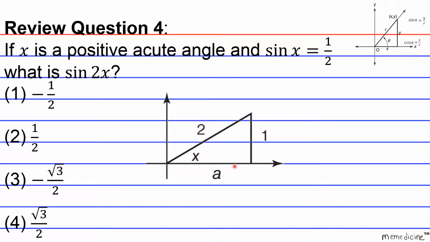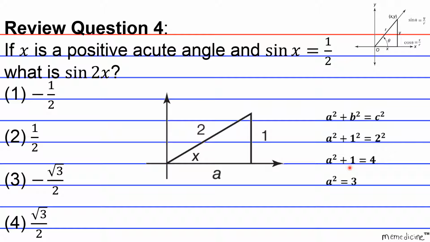So you guessed it, in order to find the missing side a, we're going to have to use the Pythagorean theorem, which states that a squared plus b squared is equivalent to c squared. All right, so let's plug in our known information. We know b, and we know c, or the hypotenuse. So a squared plus 1 squared equals 2 squared. Now we evaluate the exponents, and we get a squared plus 1 is equivalent to 4.